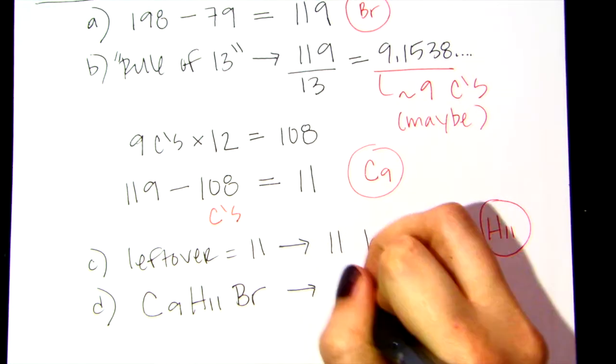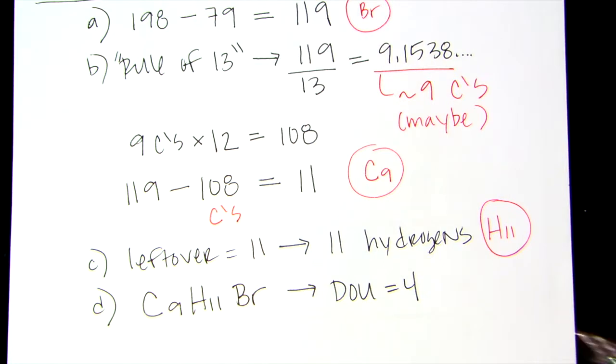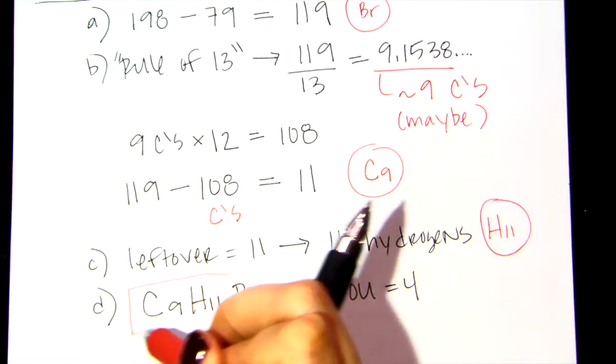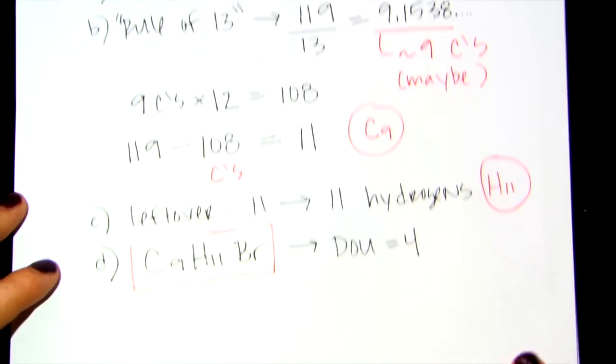So this one has a DOU of 4. And that's reasonable. That's normally something that has an aromatic ring oftentimes, right? And so I think in this problem, it's asking you to find the molecular formula, and so we did. We found a molecular formula that's consistent with our mass spec. It gives us a reasonable DOU, so that's probably a reasonable formula.